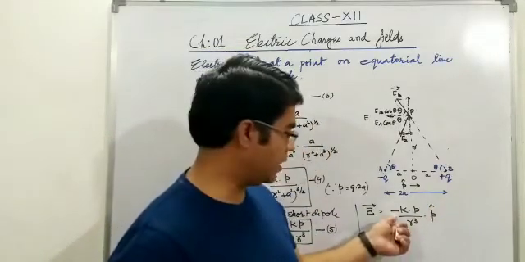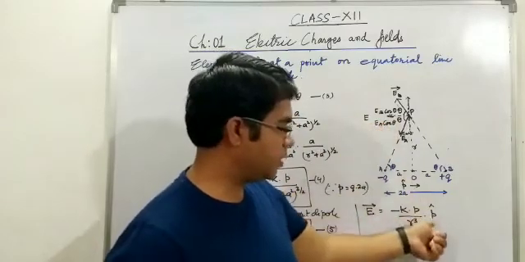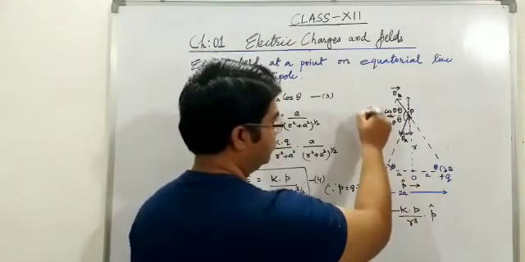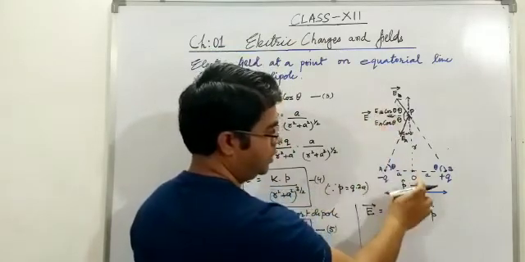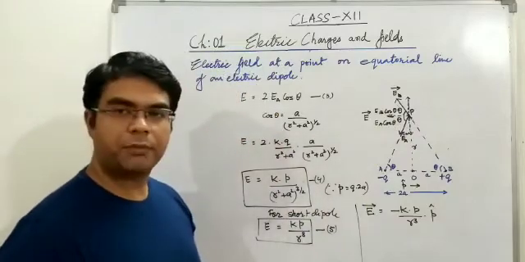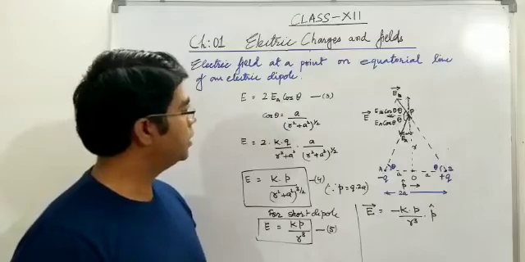The significance of the minus sign is that the electric field E acts in the opposite direction of the dipole moment. So this is the electric field at a point on the equatorial line of an electric dipole.